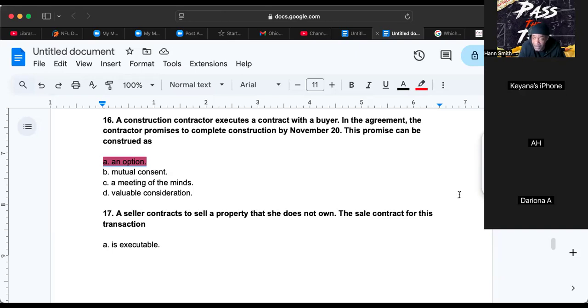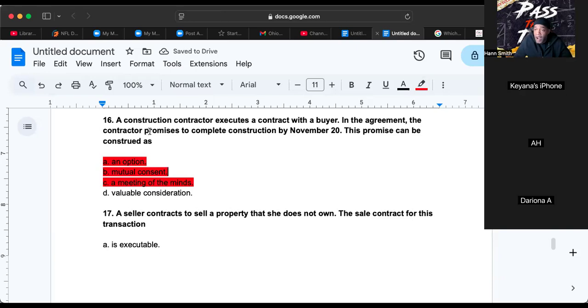It's the same thing. That's why I'm like, aren't those two the same thing? Those two are the same thing. So if we know what mutual consent is, we know that that's the meeting of the minds, which is the most important tenet in contract validity, in my opinion, and the book points that out too. So we can get rid of both of these because they're the same thing.